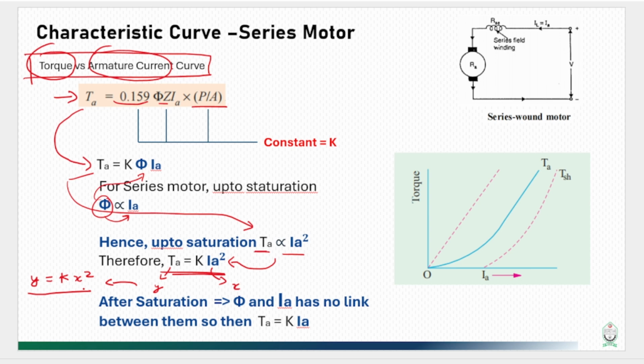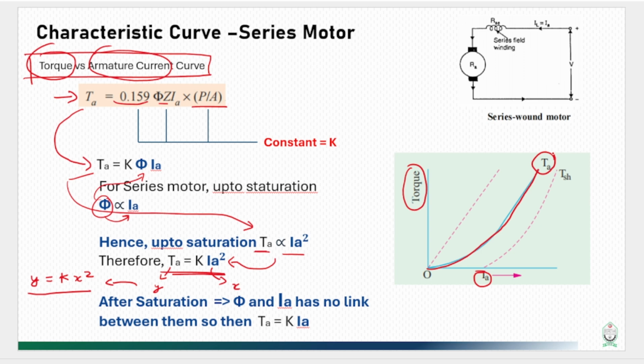I know you all know how to draw this y equals x square curve, and this is exactly what has been done here. The curve showing the relationship between armature torque and armature current is similar to y equals x square. So this is the curve of armature torque.